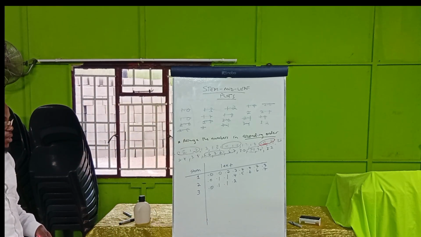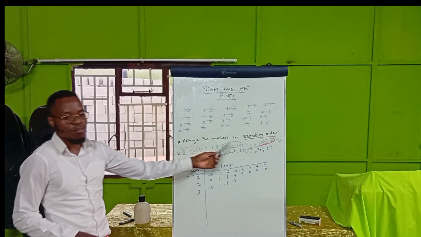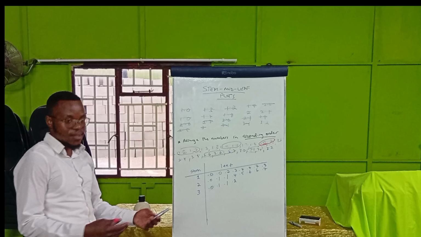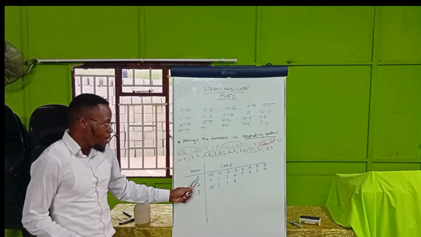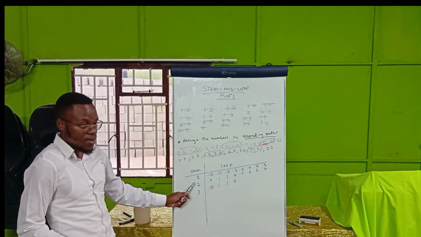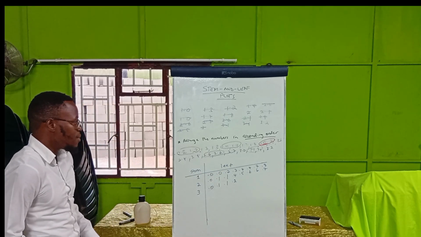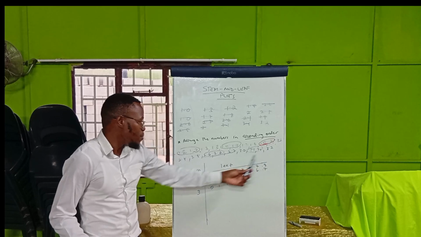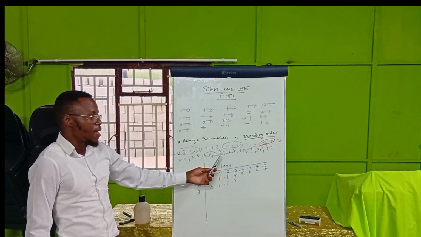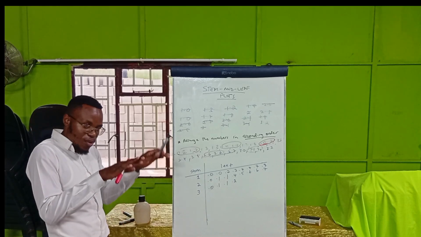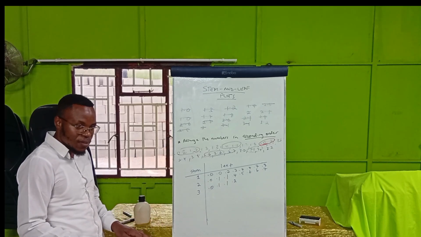Now, some of the questions that normally come up in a case like this are, what if the number is 0.5 or 0.6? So at that stem you write 0, then the leaf 6.5. Then sometimes numbers are skipped. For example, there may be no numbers with the stem 4, but there are numbers with the stems 5, 6 or 7.